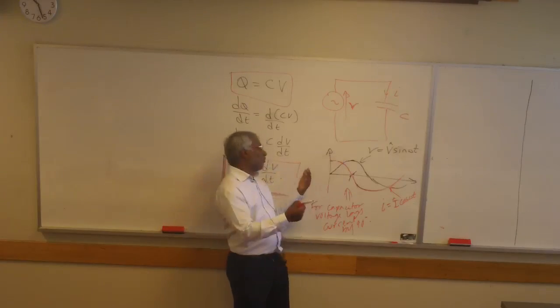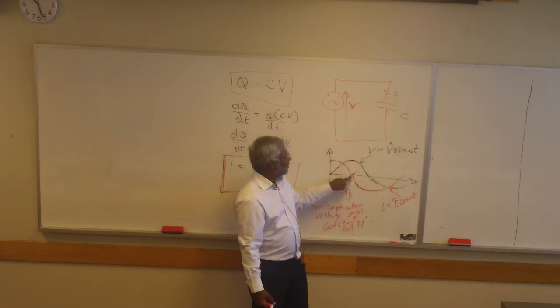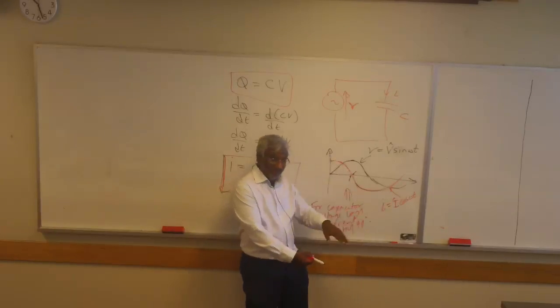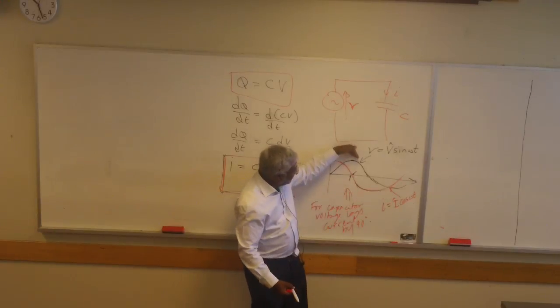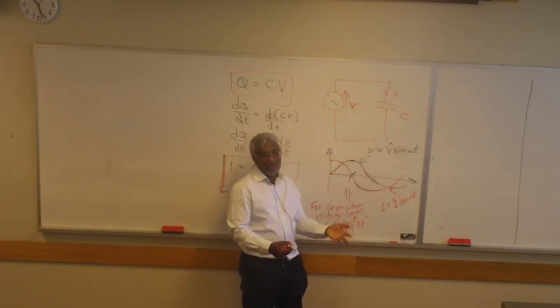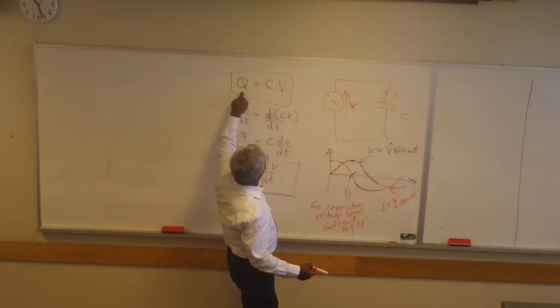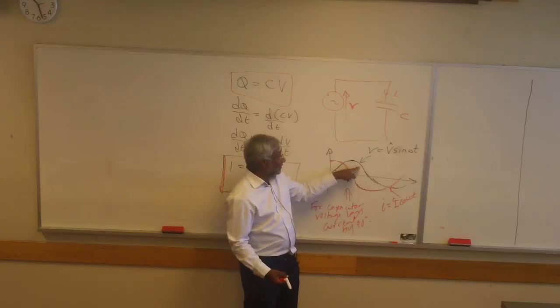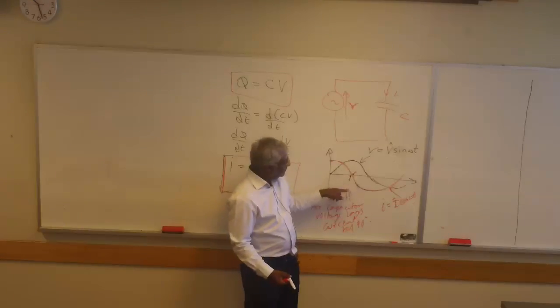The graph is talking to you. It's telling you, oh, here, current is negative. So I'm taking current out of the capacitor. So its voltage is coming down because less charge. That equation tells you less charge, less voltage. So if I'm sucking charge out of the capacitor, its voltage is coming down. And I'm sucking charge out because the current is negative.